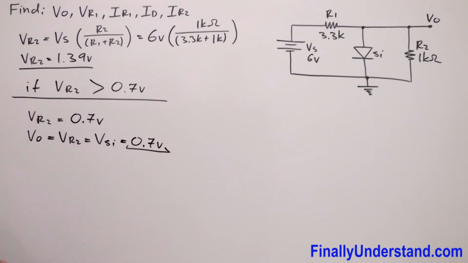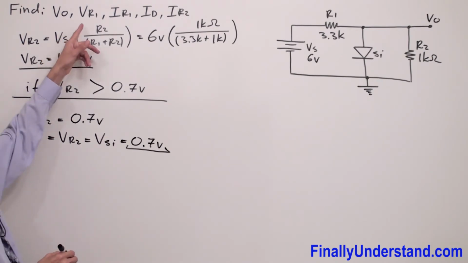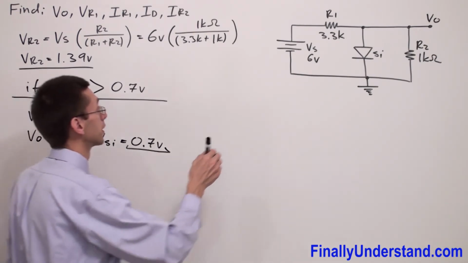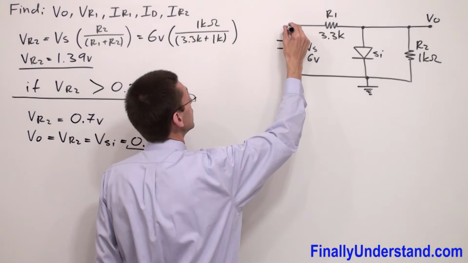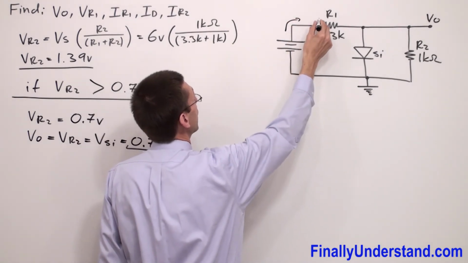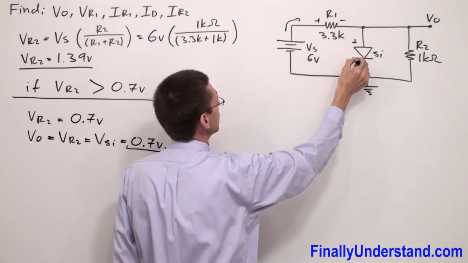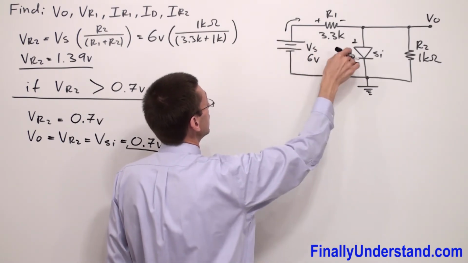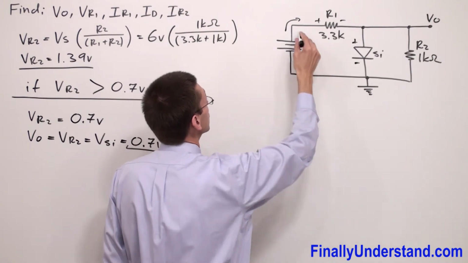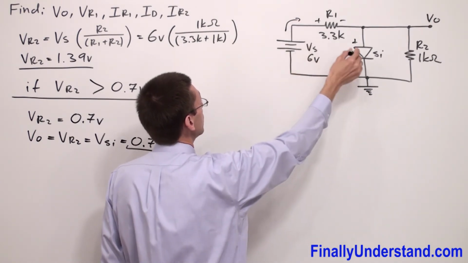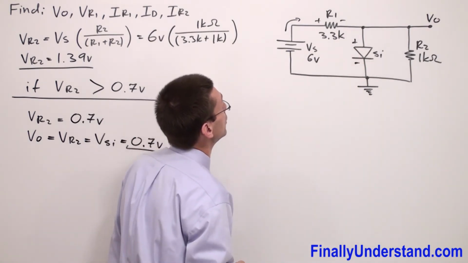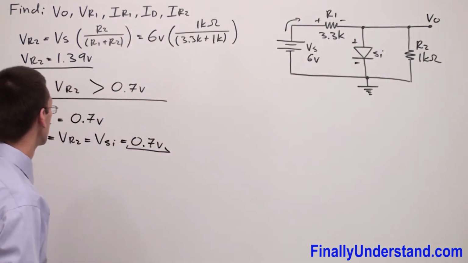Next, we're supposed to find VR1. In order to find VR1, I can write the KVL equation. My current is going to be pushed in this direction, so I have positive, negative, positive, negative. We said already that the diode is going to conduct because the direction of current is matching the direction of the arrowhead in my diode symbol.